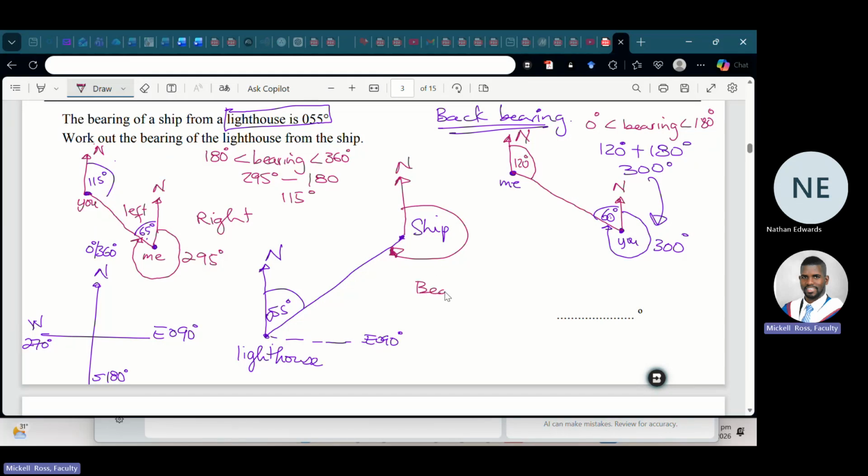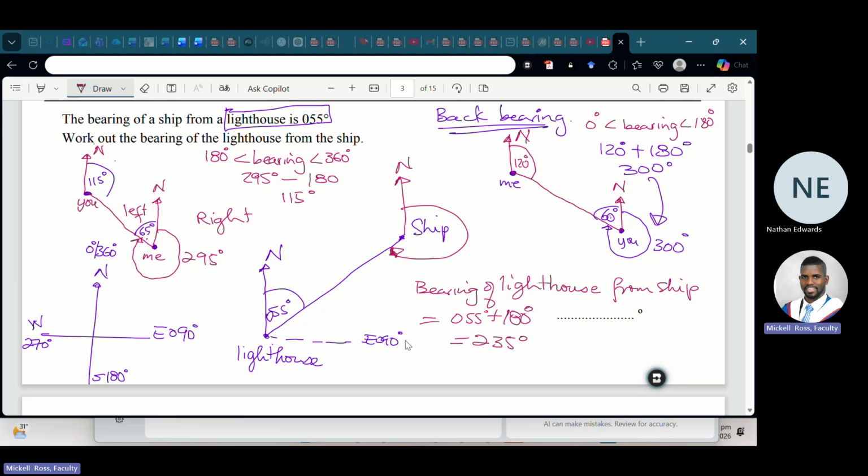So the bearing of the lighthouse from the ship is going to be 055 plus 180, which is equal to 235 degrees. So that's going to be the bearing of the lighthouse taking the measurement from the ship.